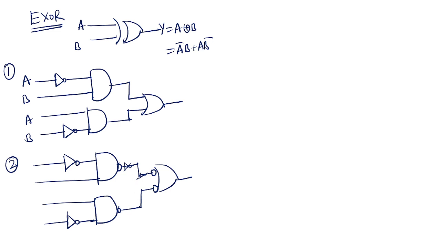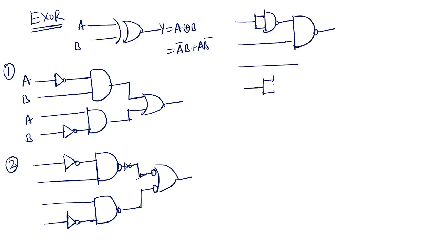Again, replace all the gates with NAND gates. So here this is one NAND gate, and this is one NAND gate, and the bubbled OR is equal to what? NAND gate.